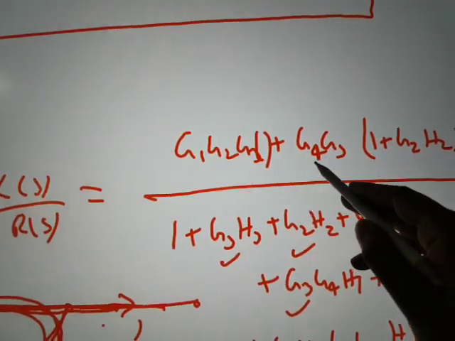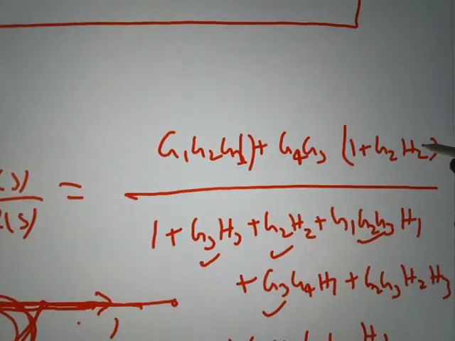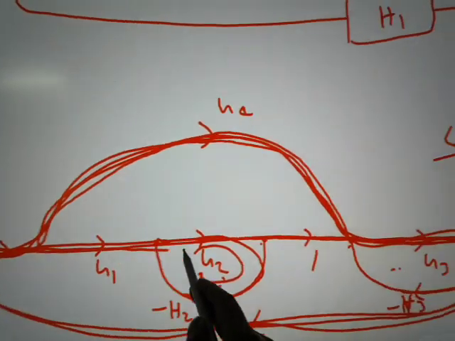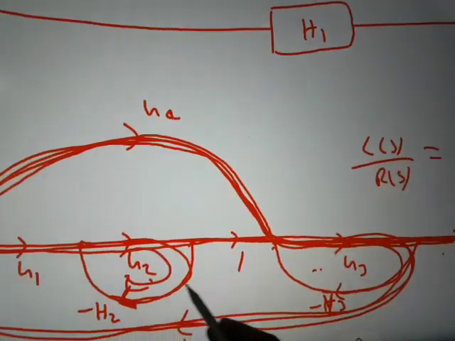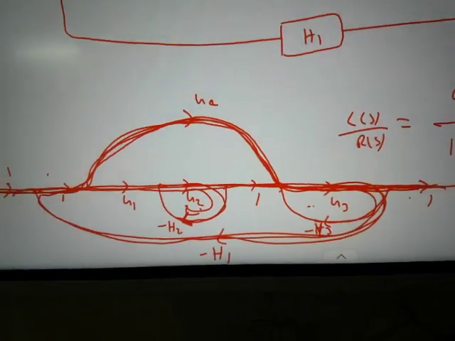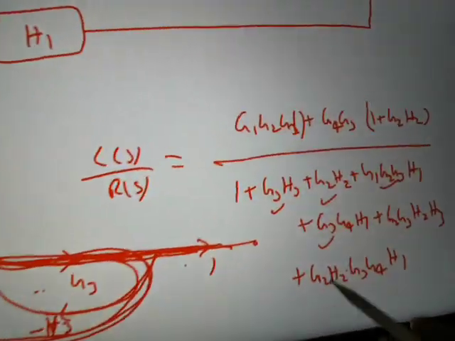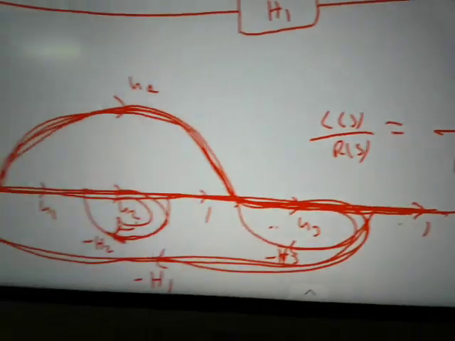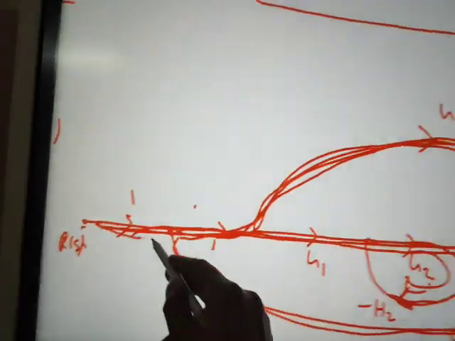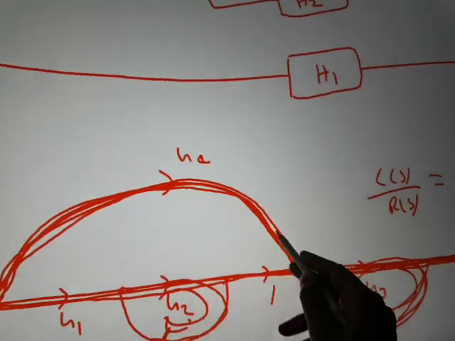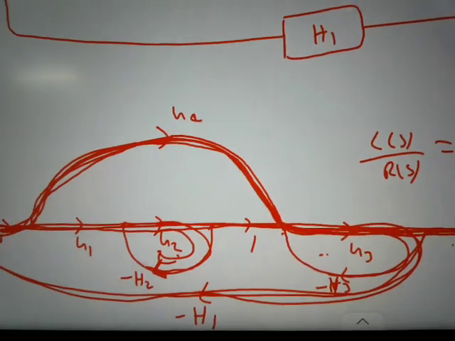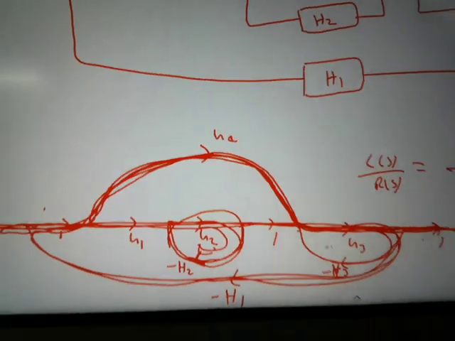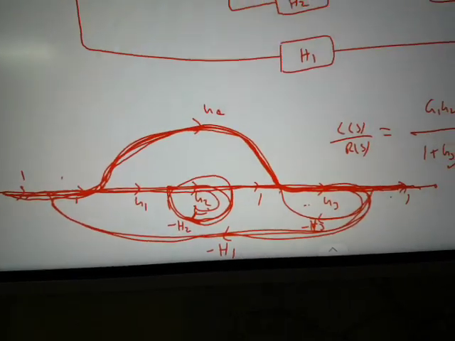Now another path is G4 G3, this is del 2. For the first forward path, all loops are touching, so del k will be 1, so G1 G2 G3 into 1. Now for this forward path G4 G3, this loop is not touching, so we have to find del k.